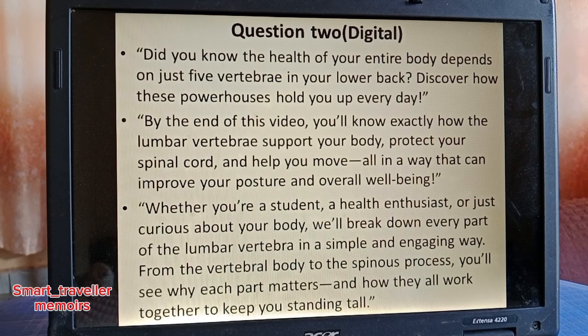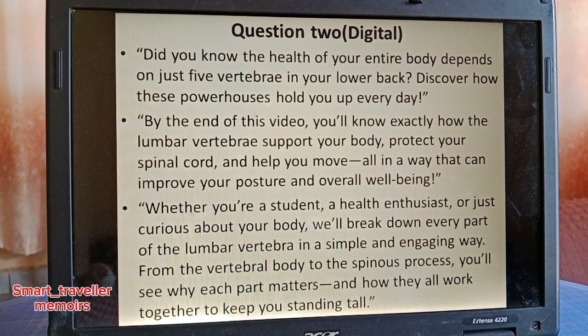Did you know the health of your entire body depends on just 5 vertebrae in your lower back? Discover how these powerhouses hold you up every day. By the end of this section of the video, you will know exactly how the lumbar vertebrae support your body, protect your spinal cord, and help you move, all in a way that can improve your posture and overall well-being.